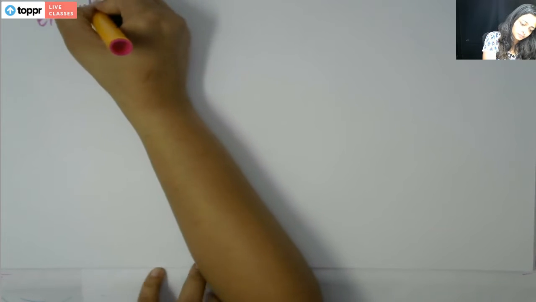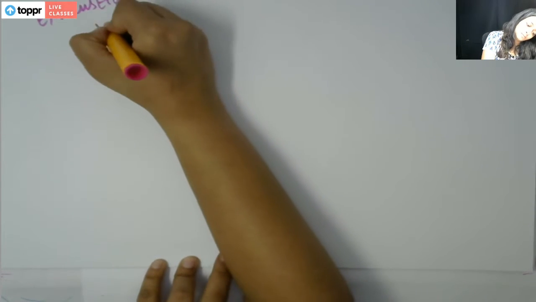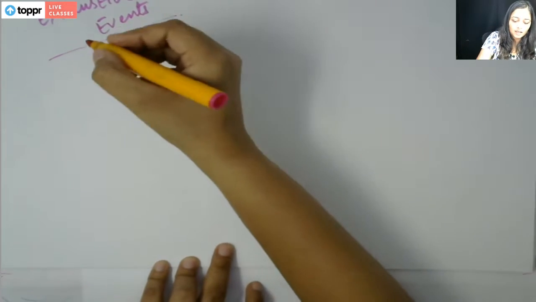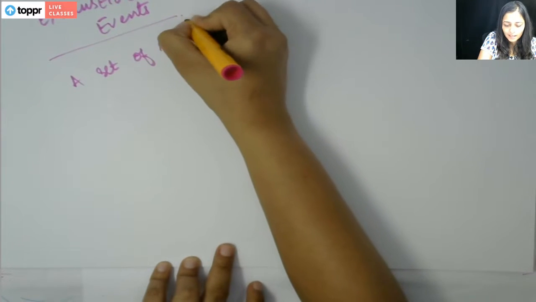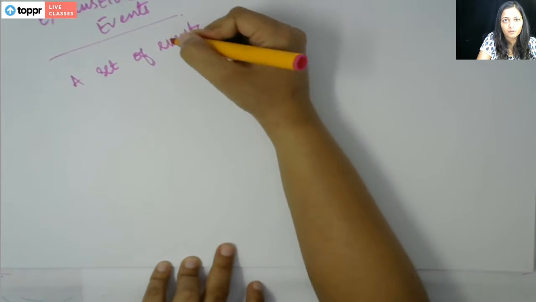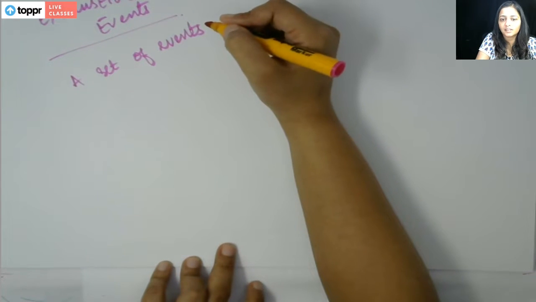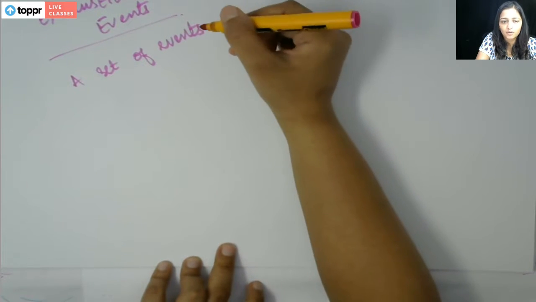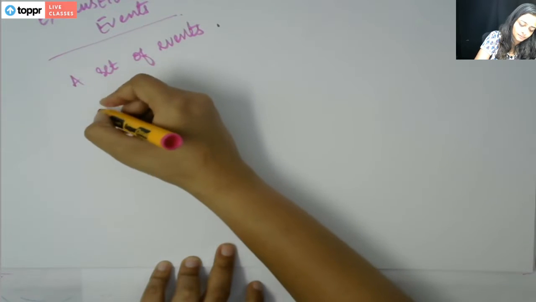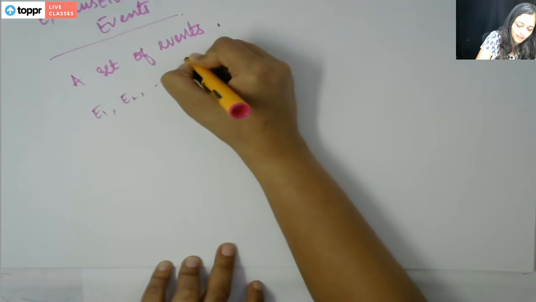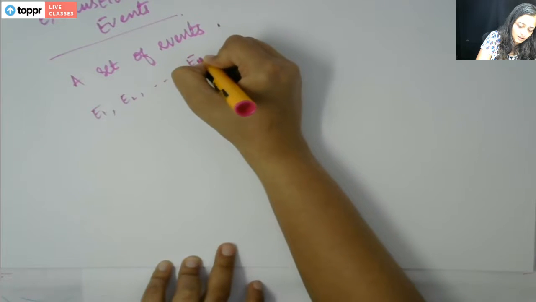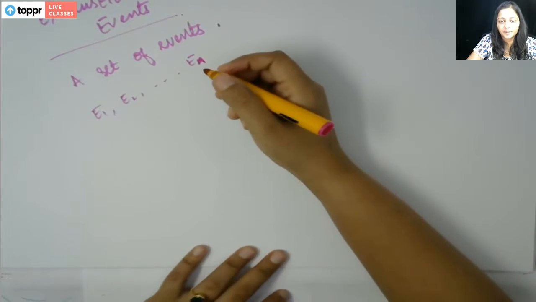Then we have exhaustive events. A set of events are said to be exhaustive if the performance of any random experiment always results in the occurrence of at least one of those. Like if we have a set of events E1, E2 till En, and I am having some random experiment.